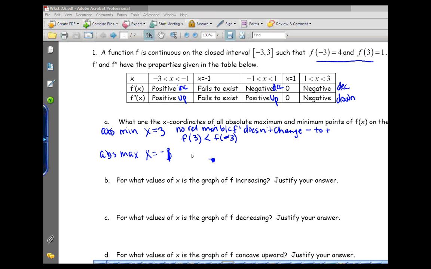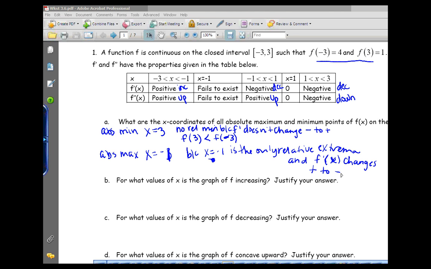So your justification here is because x equal negative 1 is the only relative extrema, and f prime of x changes from positive to negative, so that's how we know that it's an absolute maximum.